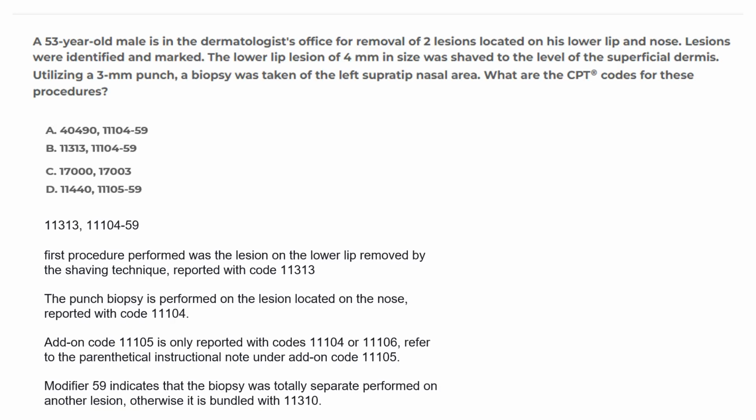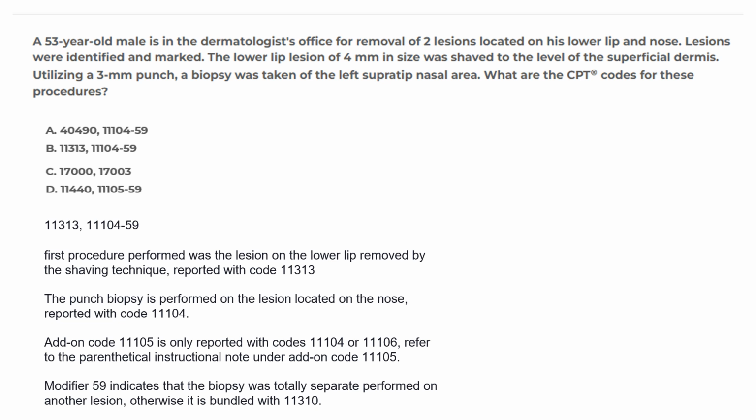So by studying all the four options, option B is the correct answer, because 11313 is the first procedure performed, that was on the lesion on the lower lip removed by the shaving technique, for which we will report 11313. And 11104 is the punch biopsy that is performed on the lesion located on the nose. And remember, add-on code 11105 is only reported with the codes 11104 and 11106.